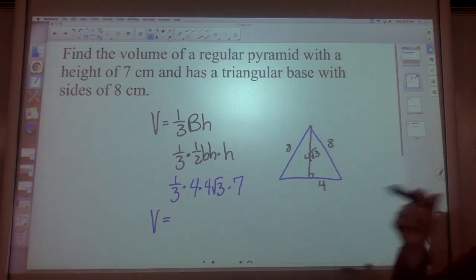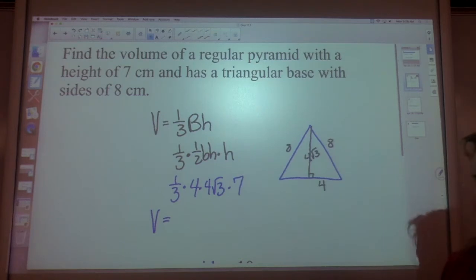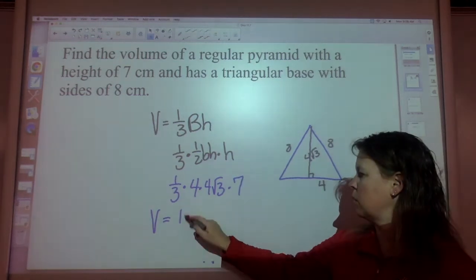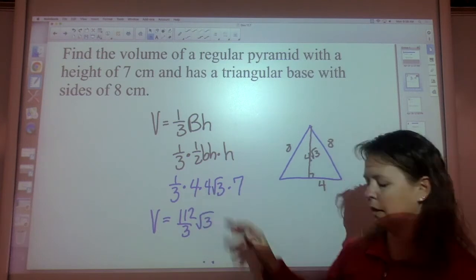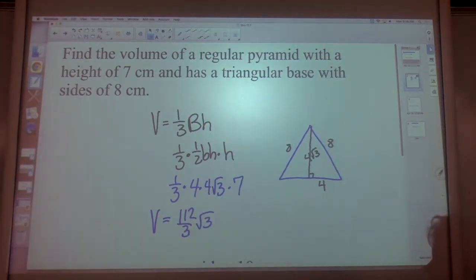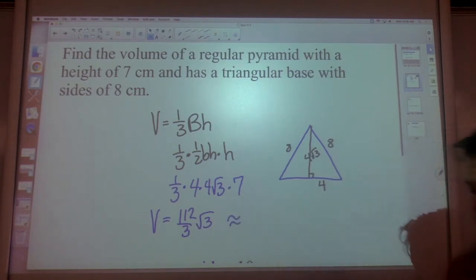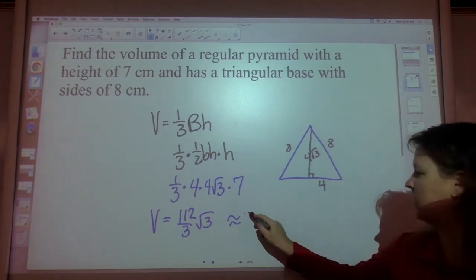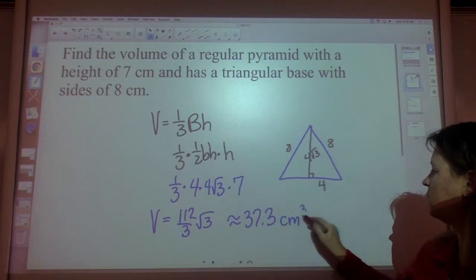We need 1/3 times that, but you cannot put a decimal in there if we're working with the exact answer. It'll be 112 over 3 square root of 3. 4 times 7 is 112 over 3 square root of 3. What is that approximately? 37.3 cubic centimeters.